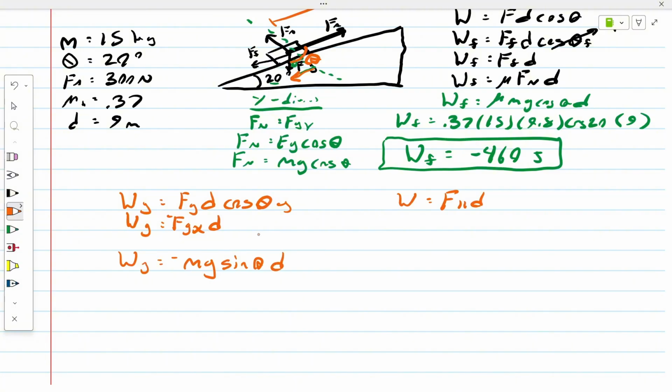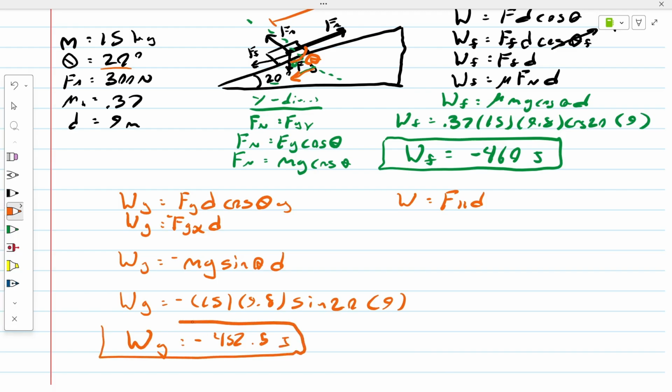Now this theta is still this 20 from up here, and we didn't have to find any weird angles. Now we can plug in all the values we were given: sine of 20 times the distance of 9. And so the work due to gravity is going to be a negative 452.5 joules.